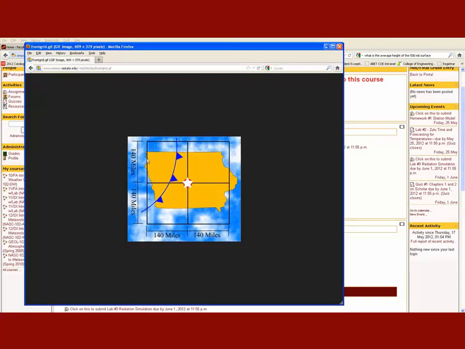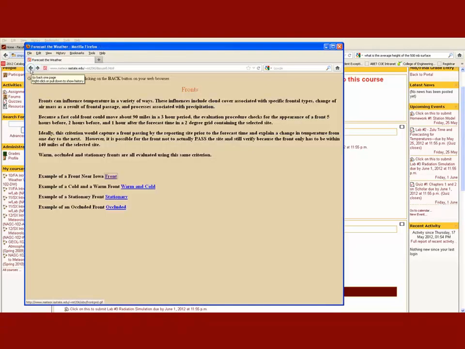If you have any front that passes within basically the region of Iowa, actually goes down a little bit into Missouri, but if you have a front that passes through Iowa, whether it's a cold front, warm front, or if you have a stationary front sitting across the state of Iowa, that's what the computer program looks for.